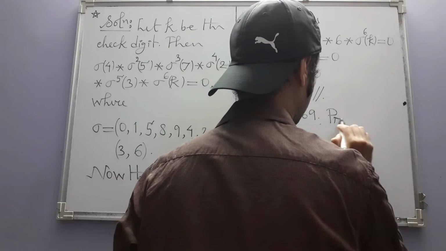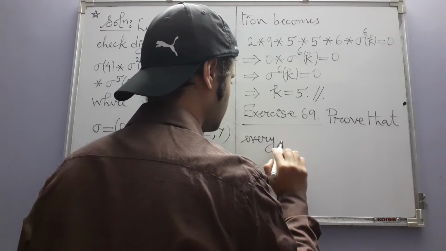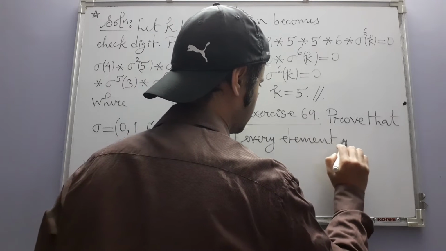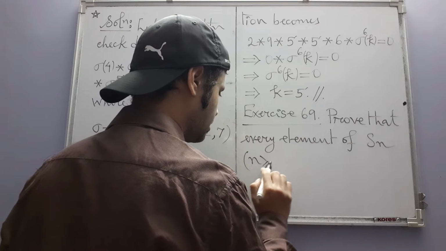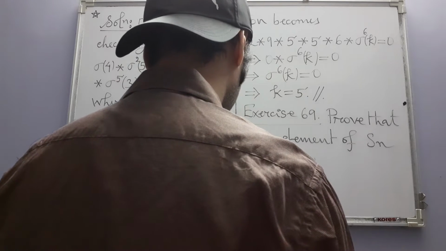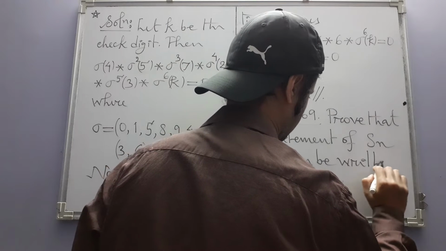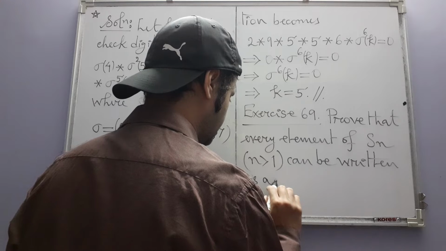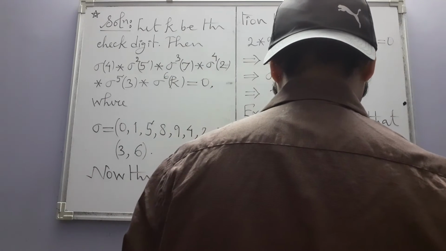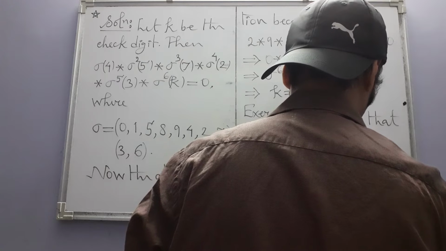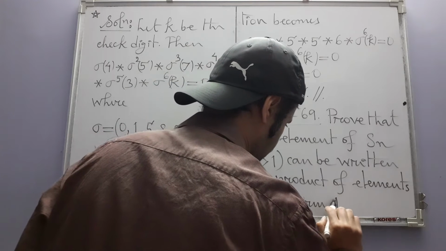Prove that every element of Sn, where n is greater than 1, can be written as a product of elements of the form 1, k.